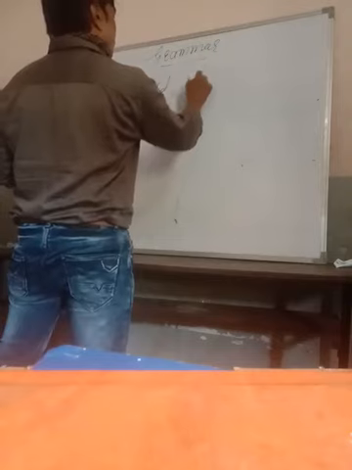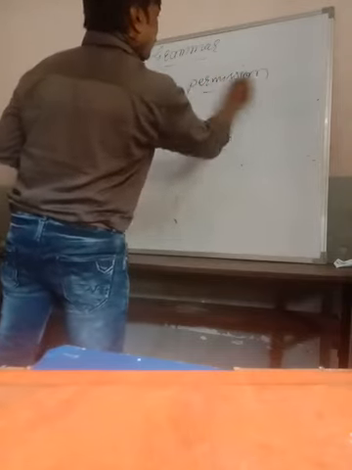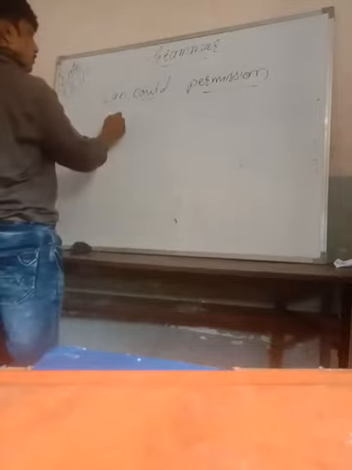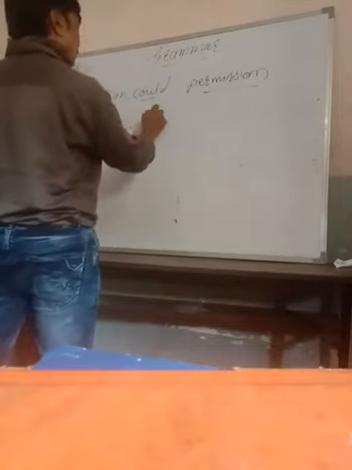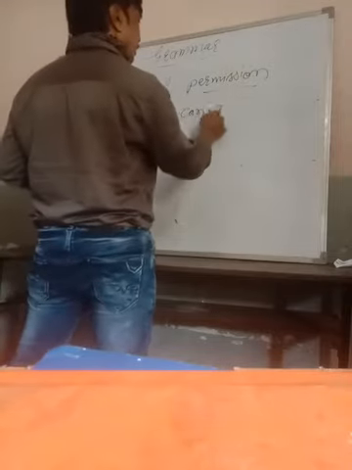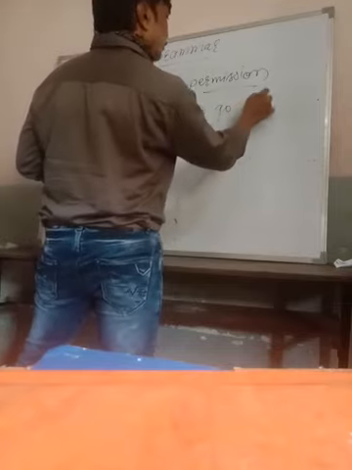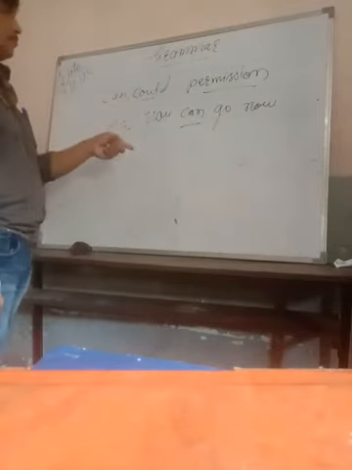Now permission. It shows permission also. For example, you can go now. So here can shows permission, right?